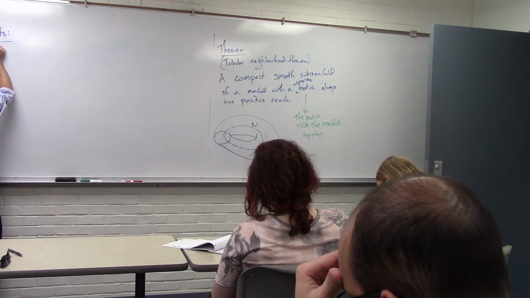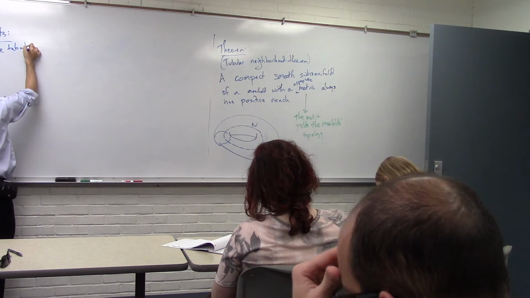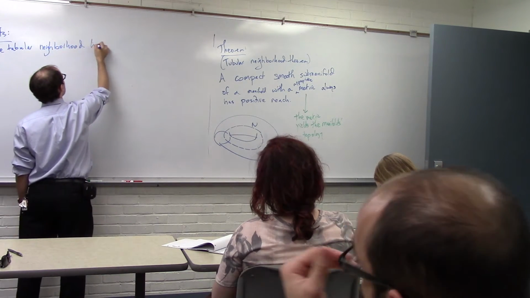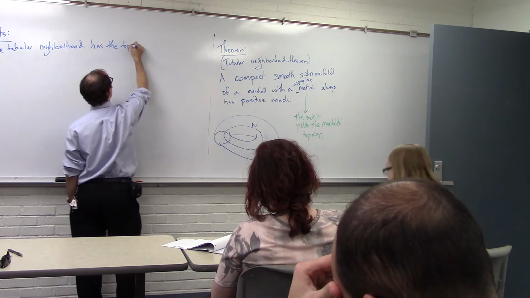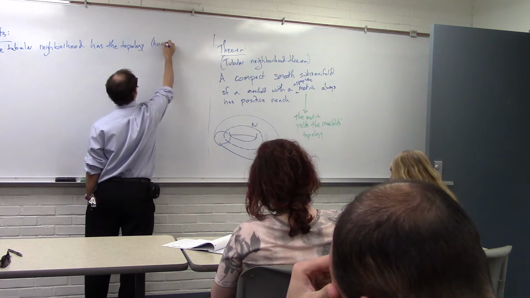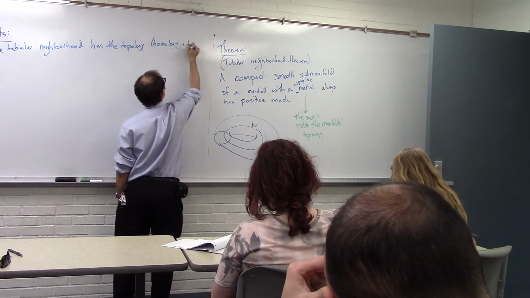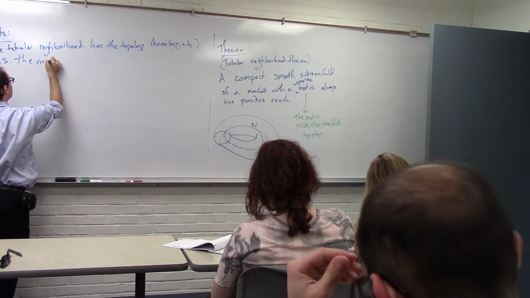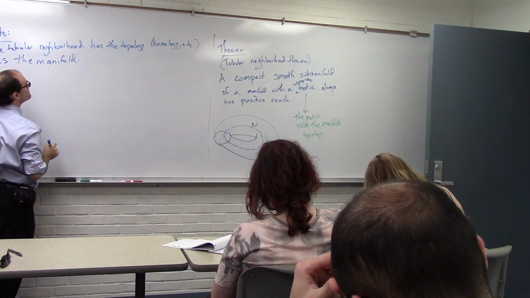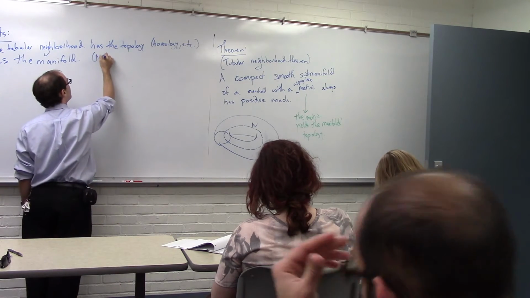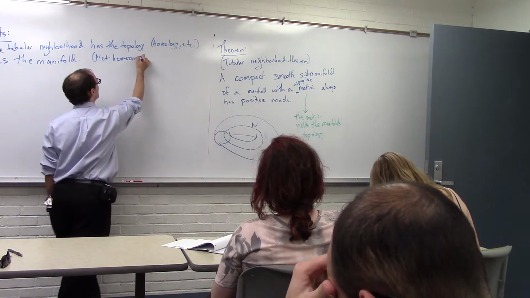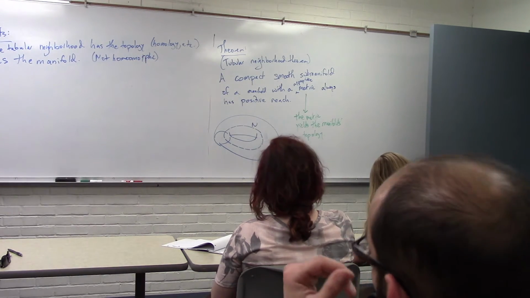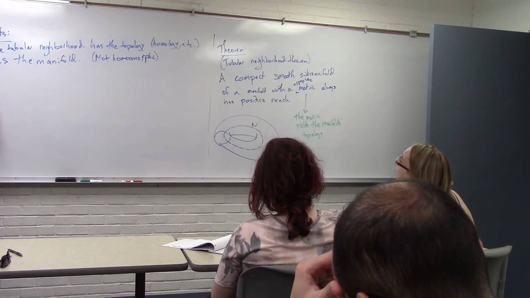First of all, that tubular neighborhood has the same topology, like the homology, as the manifold. It's not homeomorphic to it, though. But it's homotopy equivalent. It has the same homology. So that's fact number one. Now, fact number two.